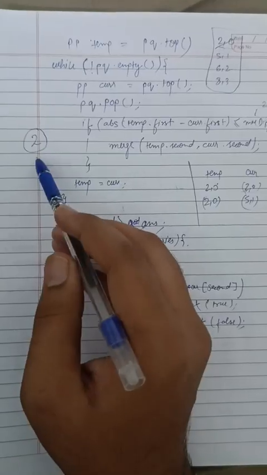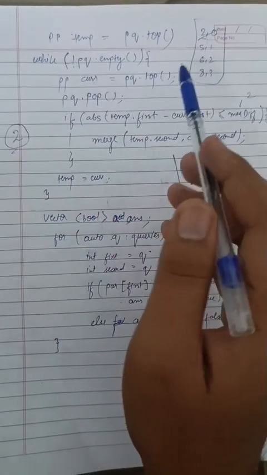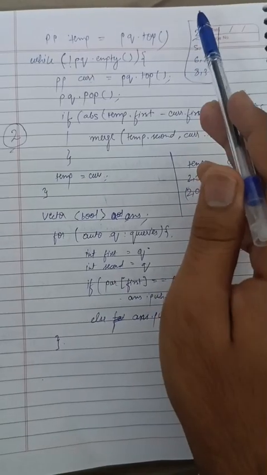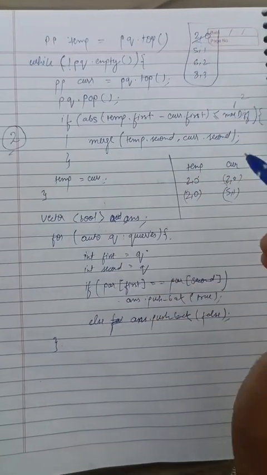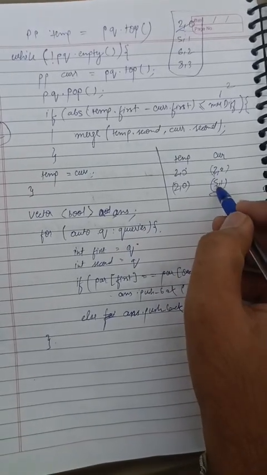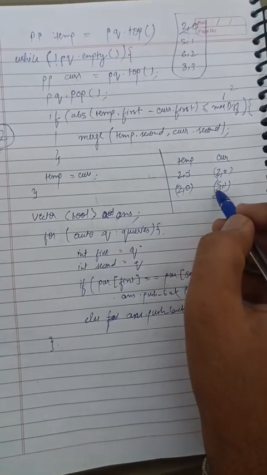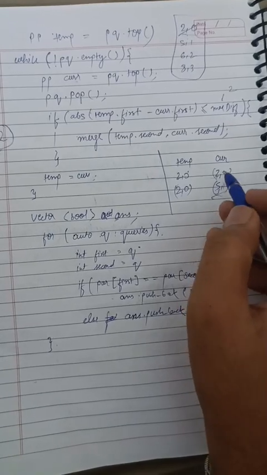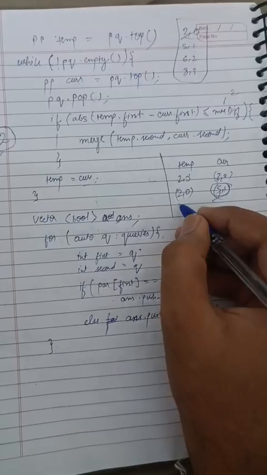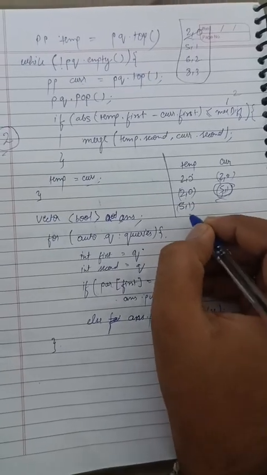That's what I am doing with this code. Whatever element is there initially, that will be the leader. Now here comes the second one, 5 comma 1. So is this valid or not? Not valid. Now I will make this temporary.